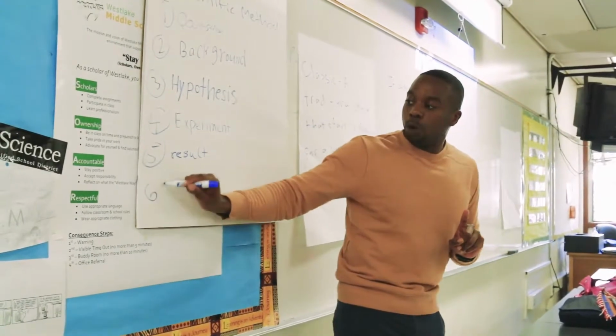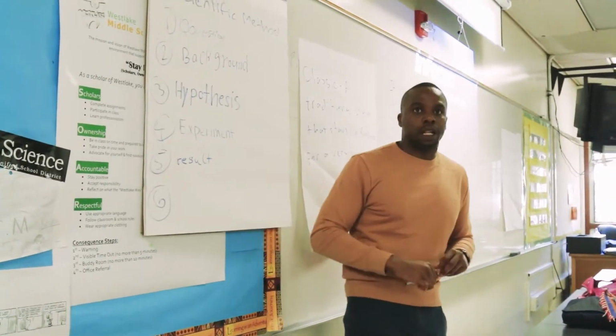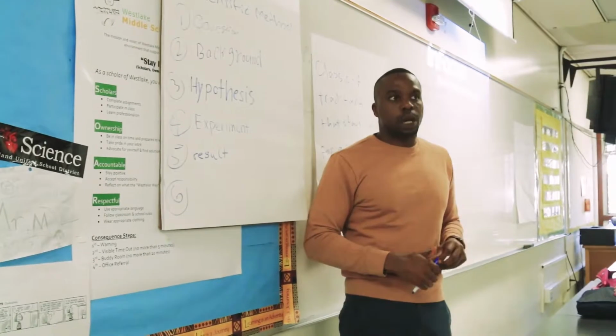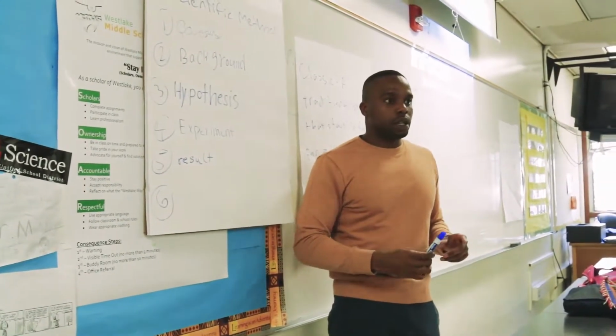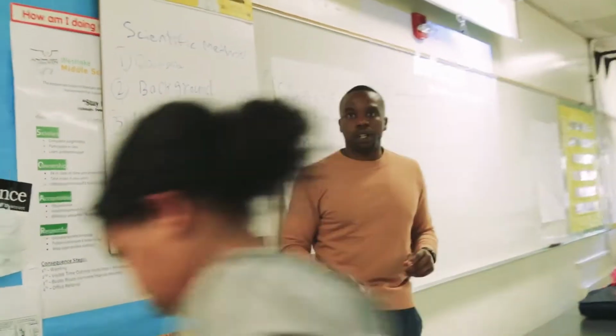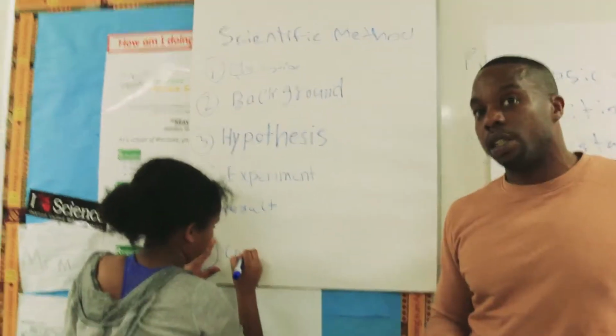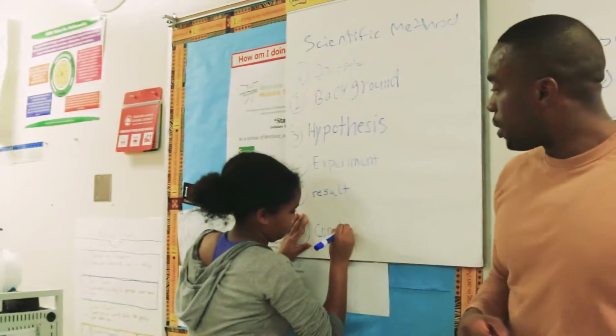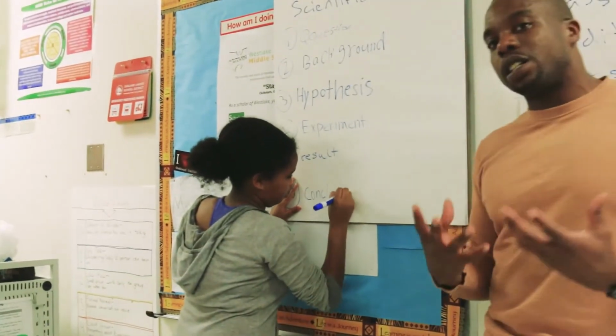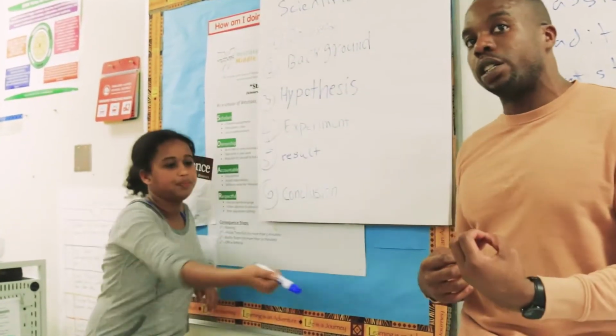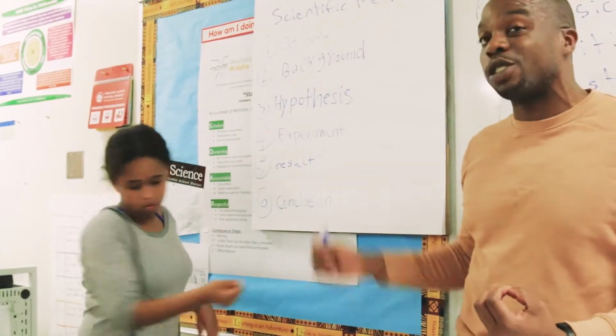Your final step, we'll have one of our students write this down, Harmela. She'll come and write down our final step of the scientific method. Okay. Our final step. What is our final step? Conclusion. So, conclusion is basically the summary of what we've done, and that's to make sure there's a reply back to the question.